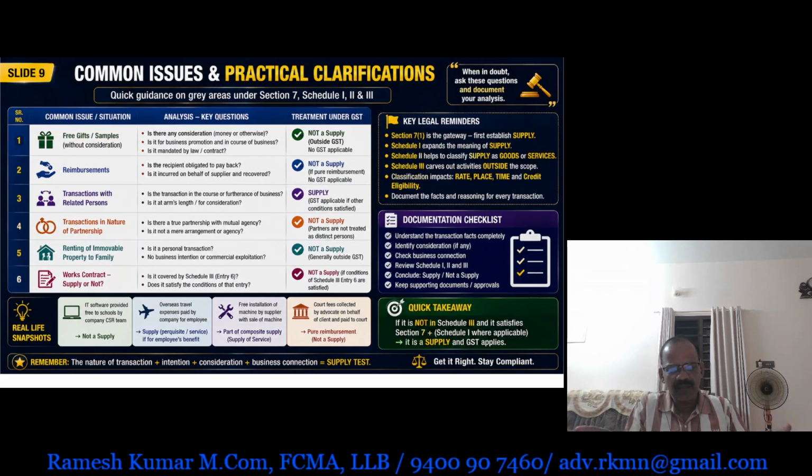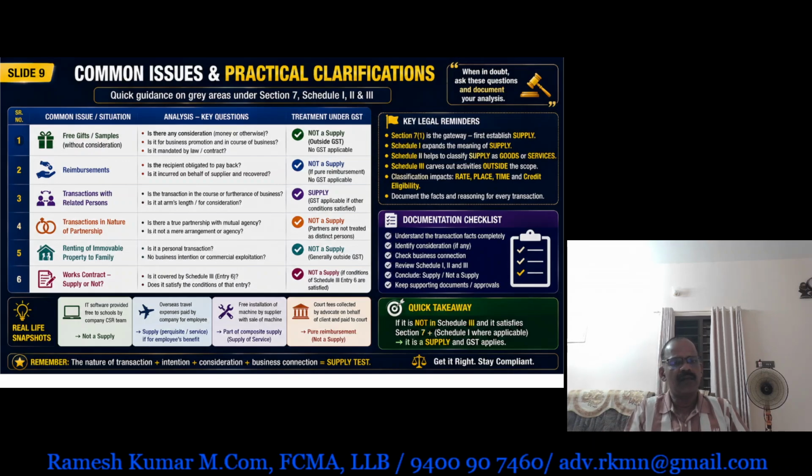We must examine the facts and check whether any provision, including Schedule 1, applies. Second, reimbursements. A reimbursement is not automatically outside GST. In this case, we must examine the nature of the underlying transaction and determine whether the amount is merely a pure reimbursement or forms part of any consideration in connection with a transaction.